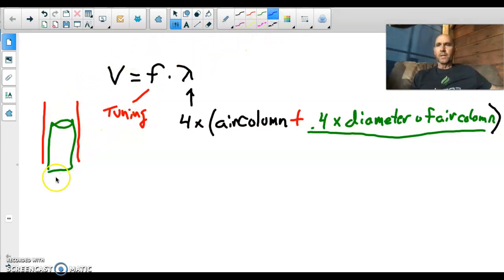So what's happening is we're trying to get the sound to resonate at the first antinode. If you were to continue this and make a standing wave, it would look like this. Okay, so this is the first antinode. This is the second antinode.